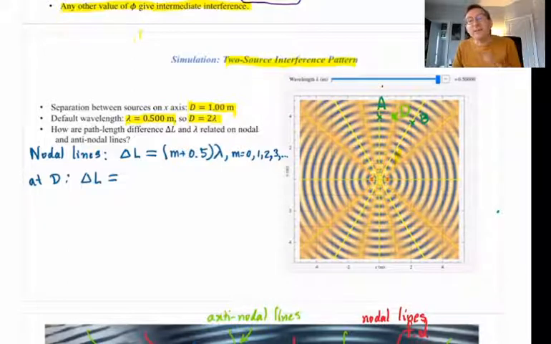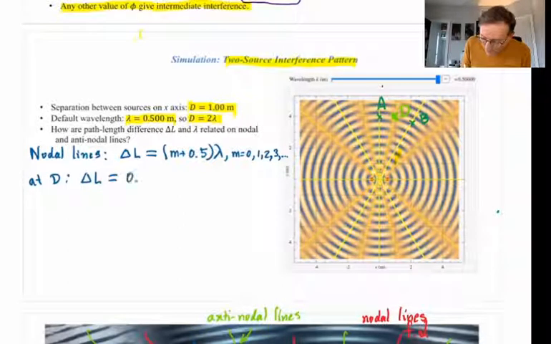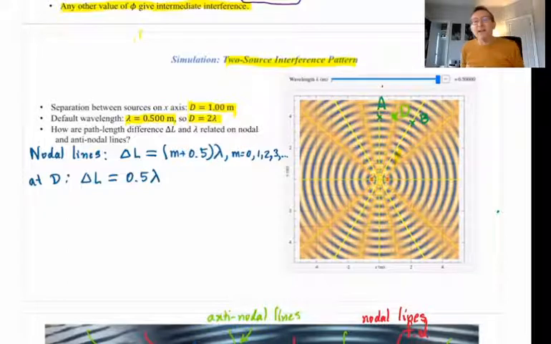Point D is roughly in between A and B, so it shouldn't seem too surprising. Remember, it's also got to be a nodal line. When I say that the delta L along the line that's got point D on it is 0.5 times lambda, that will satisfy this condition for fully destructive interference.